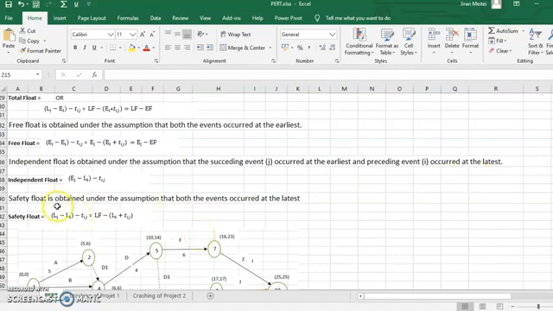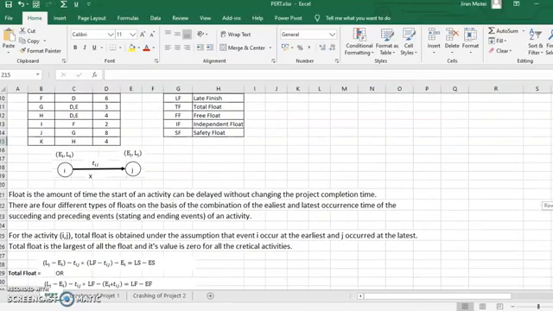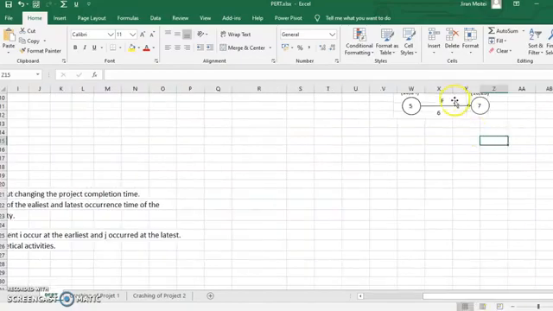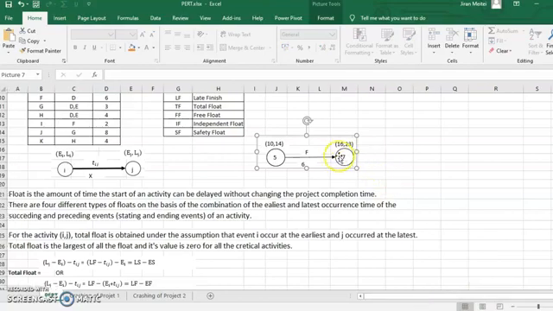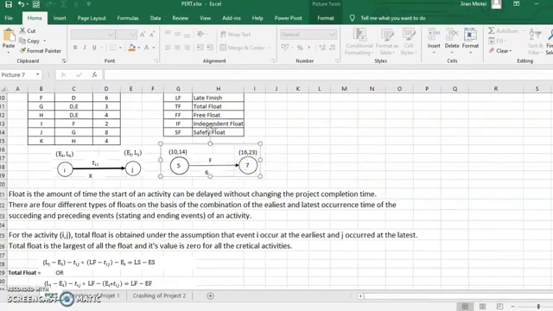Now instead of IJ, let's take this activity for example. Now activity F, see over here.